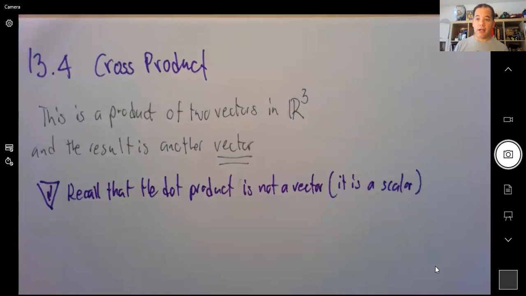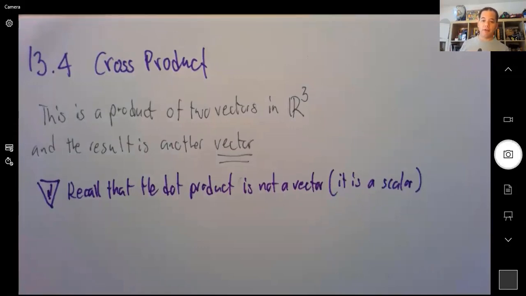So like I was introducing to you last time, what is going to be different is that we're going to have a vector, and to give you an idea of what vector it is, I need to tell you two things.